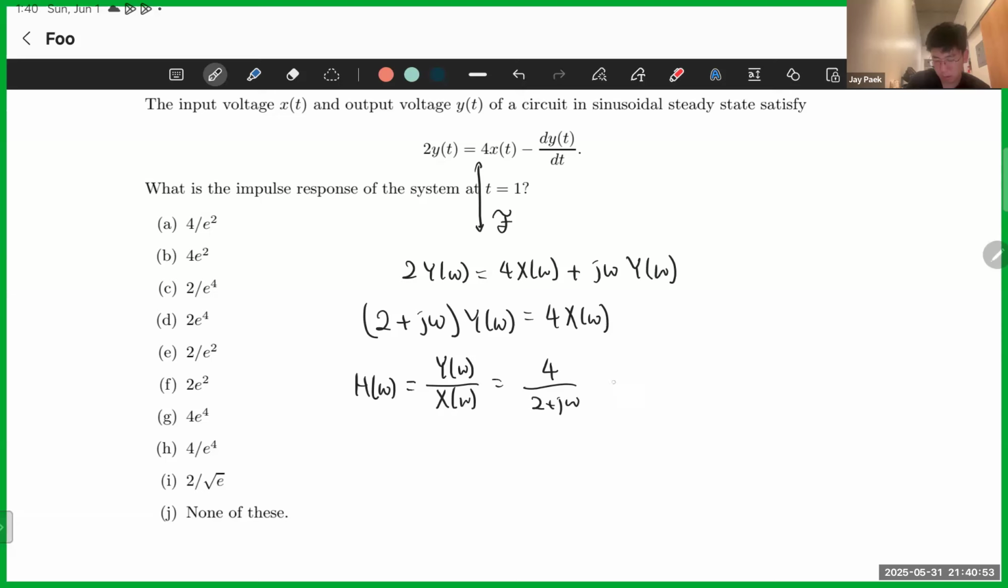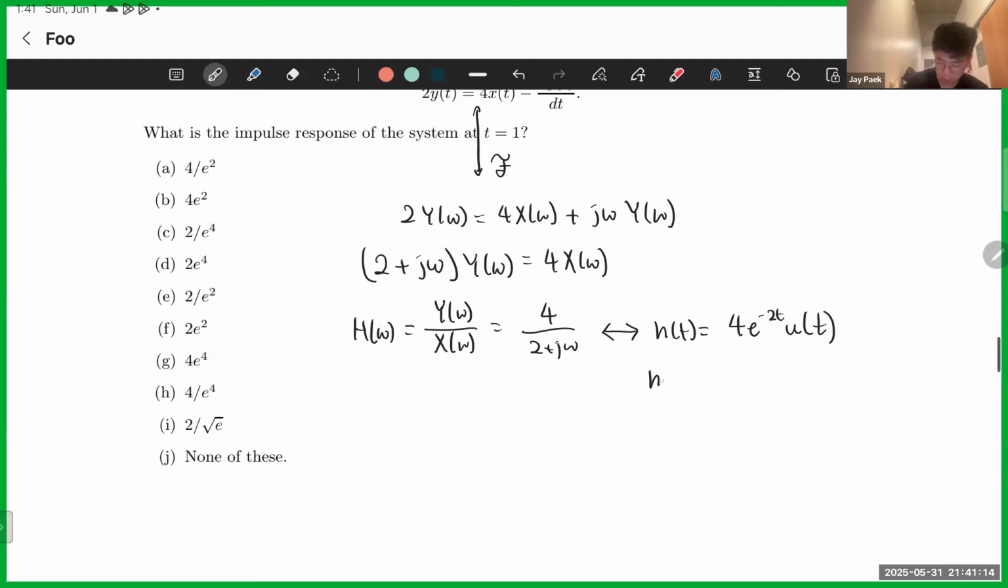This means the inverse Fourier transform is 4 e to the negative 2t u of t. And so h of t would be 4 e to the negative 2t u of t, that's our answer.